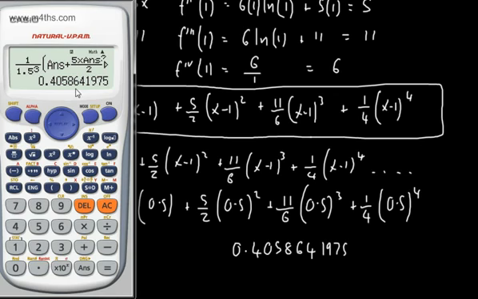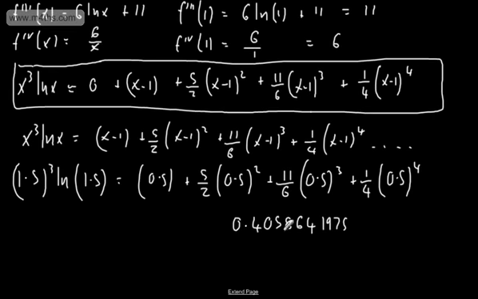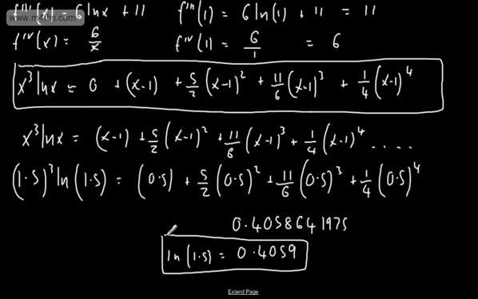That looks pretty good. Okay, so what we need to do now is round this to 4 decimal places. So we're going to get 0.59. Okay, so we can say that to 4 decimal places, the natural log of 1.5 is going to be correct to 4 decimal places of this answer.